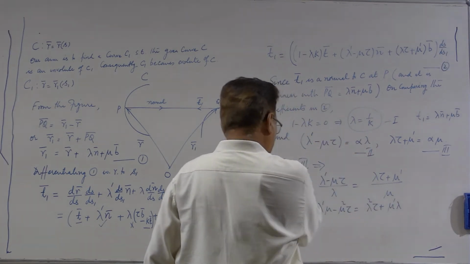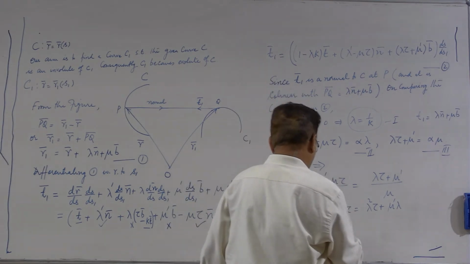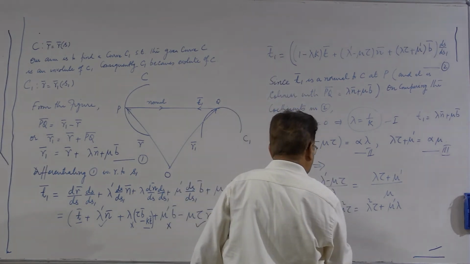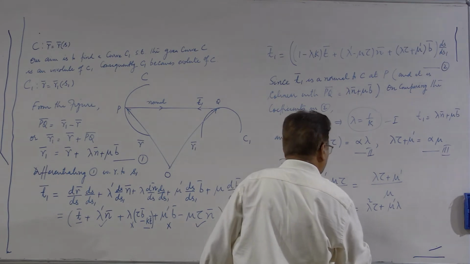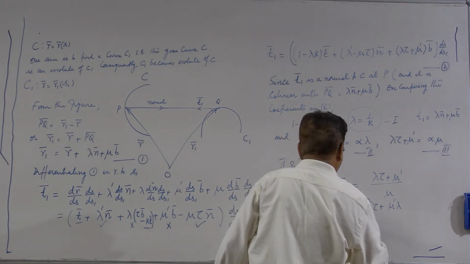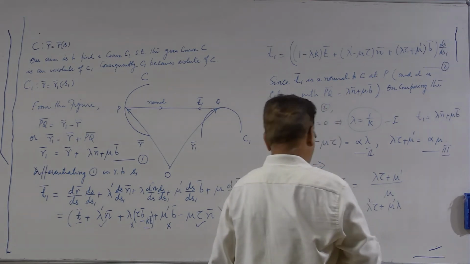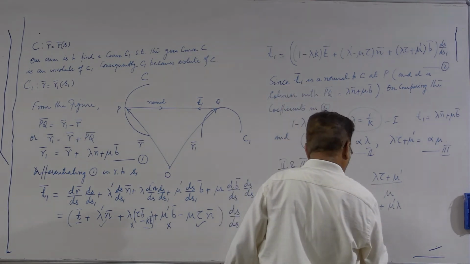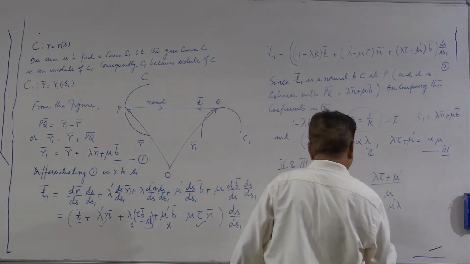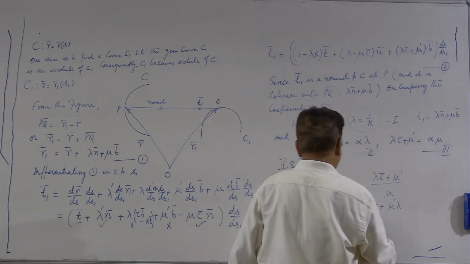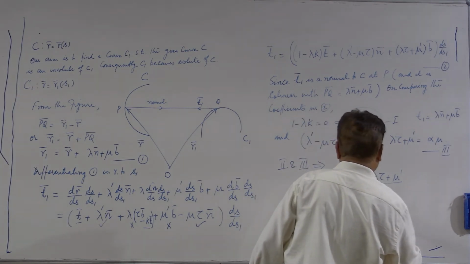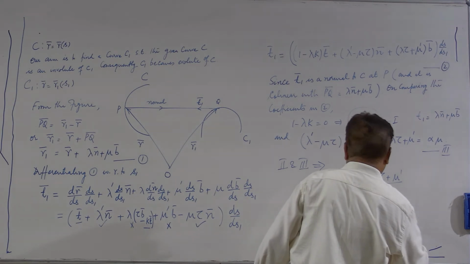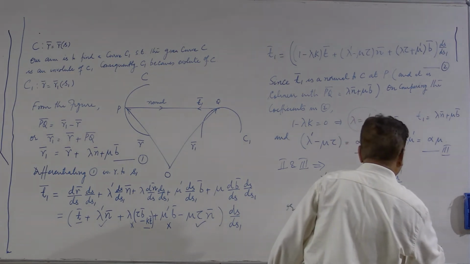I will collect the terms of tau. So, lambda dash mu minus lambda mu dash equal to lambda square tau plus mu square tau.